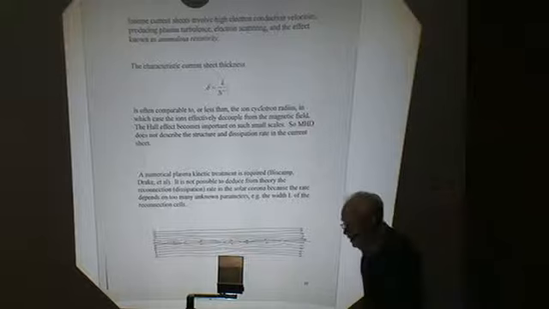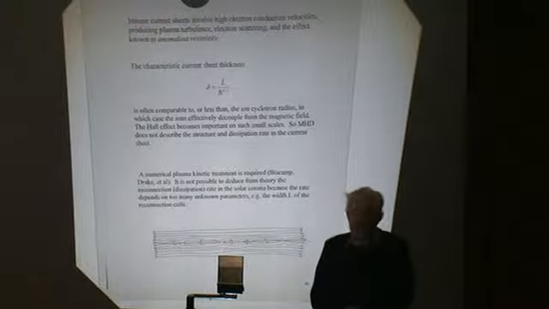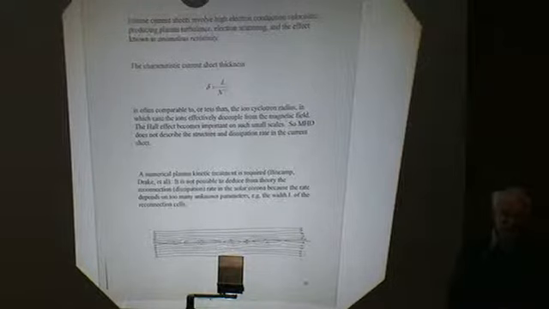Somehow that obvious fact was very, very slow in being recognized. I, for one, feel foolish for not having noticed it, but fortunately somebody was smart enough to notice it. And that means you have to treat the current layer in terms of plasma kinetics rather than simple Ohm's law or some equivalent law.